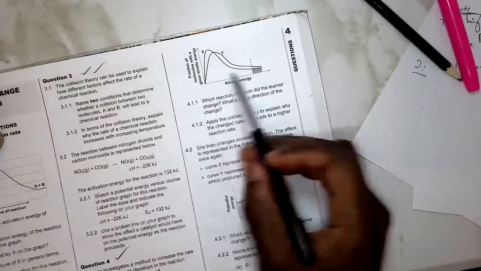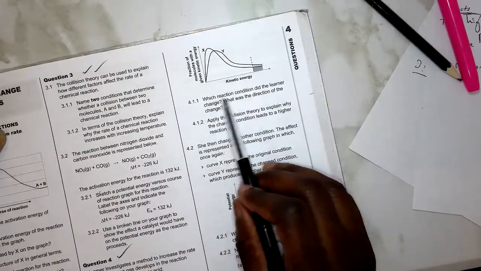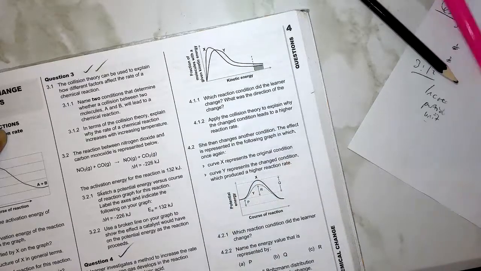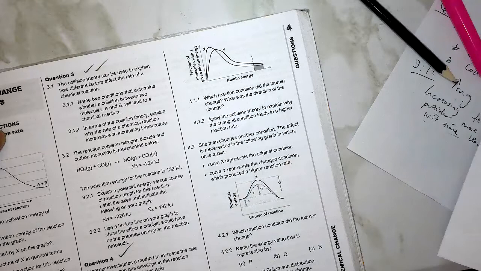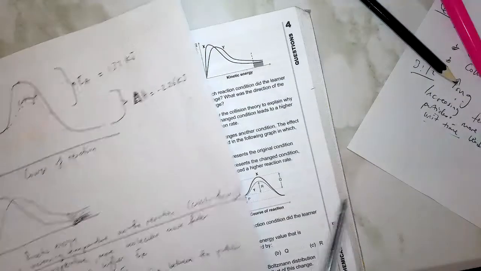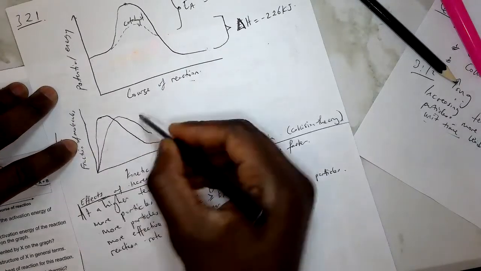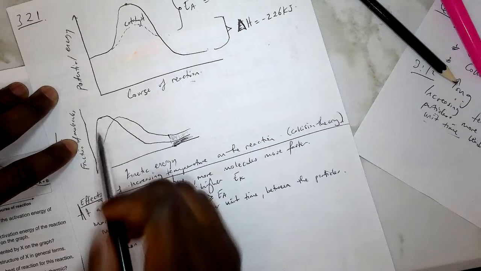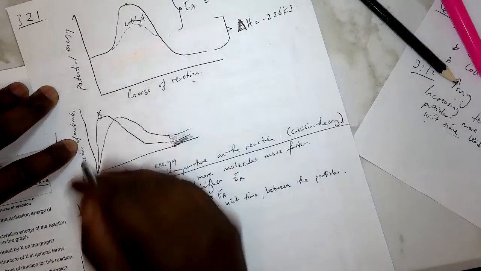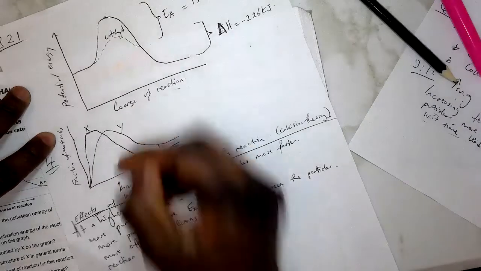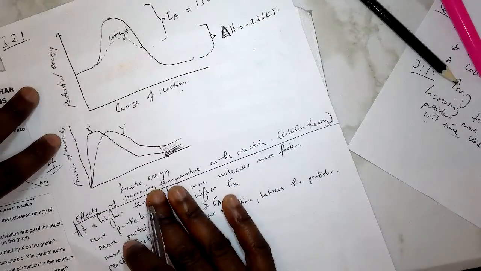You are asked: which reaction condition did the learner change, and what was the direction of the change? We have the original graph, which is X, and the other one, which is Y.